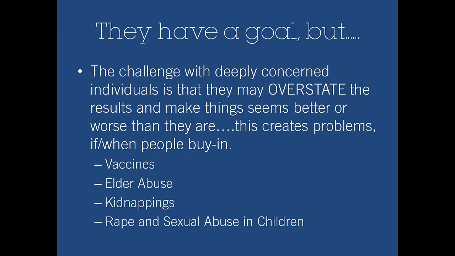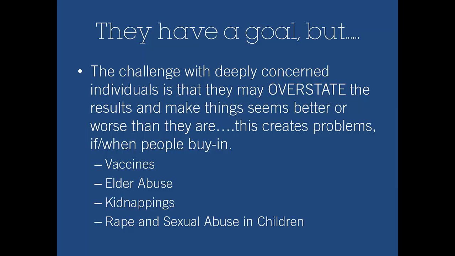However, what's happened is that individuals take these incomplete bits of information and overstate them. And now vaccines cause autism. They are the link to autism, right? An adverse reaction could be a decline in mental function during the developmental years, right? That's much different than saying vaccines cause autism, right?